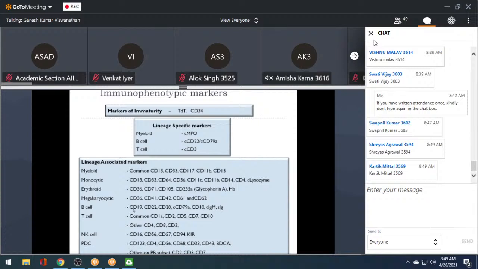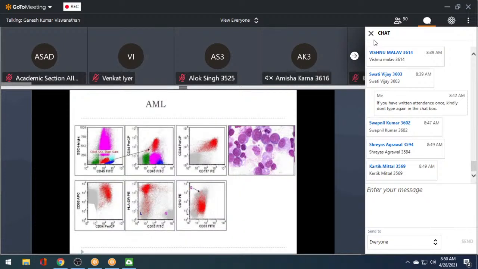And for B cells, you can do CD19, CD10, CD17, etc. And for T cells, you can do CD3, CD7, CD2, CD1a, etc. For myeloid, you can use CD13, CD33, etc. So when this particular tumor has CD19 and CD10, then you can say that it's a B acute lymphoblastic leukemia.